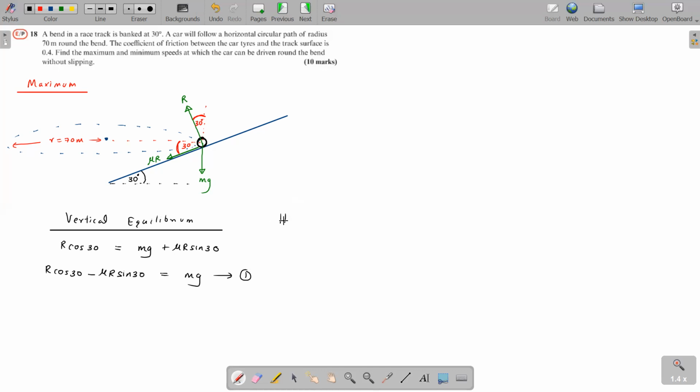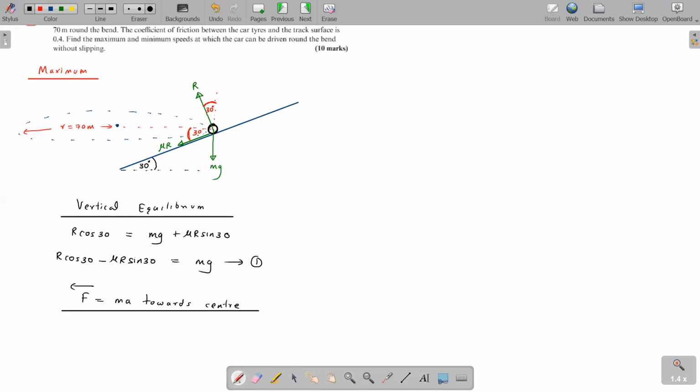And the next one, you can consider horizontal equilibrium. So when you consider horizontal equilibrium, what do we consider? F equals ma towards the center. So when you apply F equals ma towards the center, you have normal reaction sine 30, right?